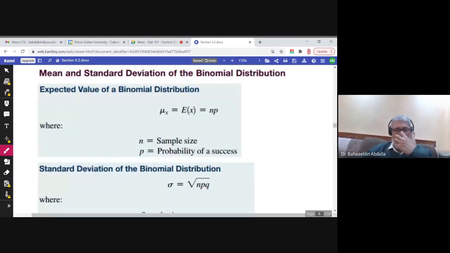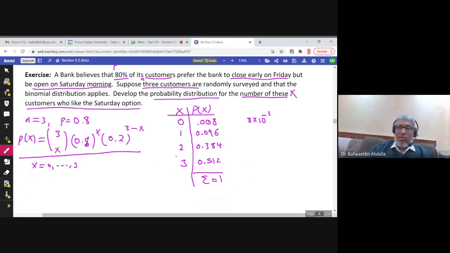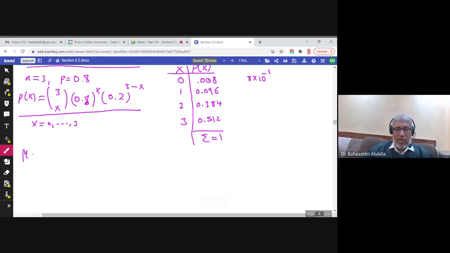Well, what is the mean of the binomial distribution? We studied in 5.1 that the mean is found by summation x P of x. So for this example here, I can find the mean. This is not asked in the question, but I can find the mean or the expected value as usual, summation x P(x). So 0 times 0.008 plus 1 times 0.096 plus 2 times 0.384 plus 3 times 0.512.